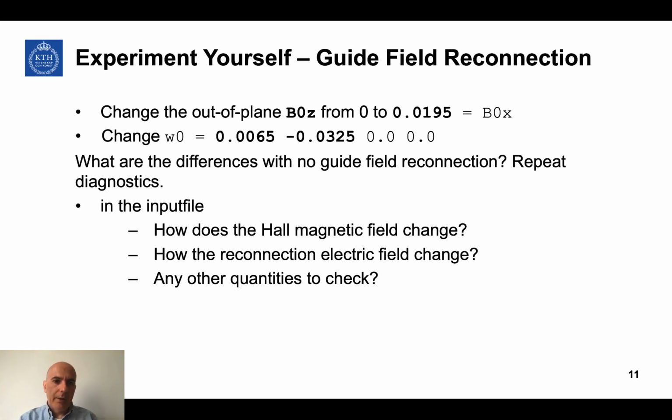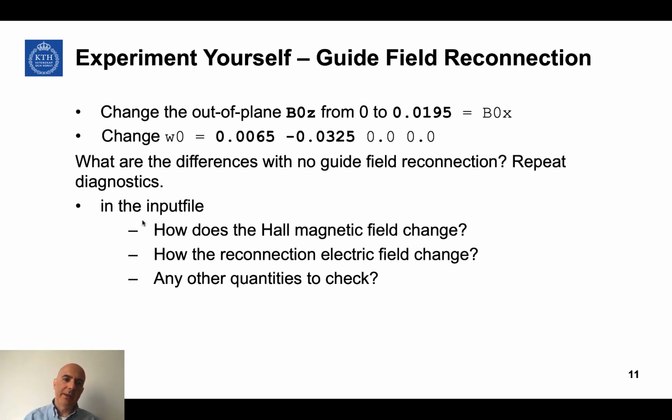By looking at the output file you can see how the whole magnetic field changes. From your study you probably know the impact of the guide field on the field structure, so now you have a means to check how this can be shown in simulation.